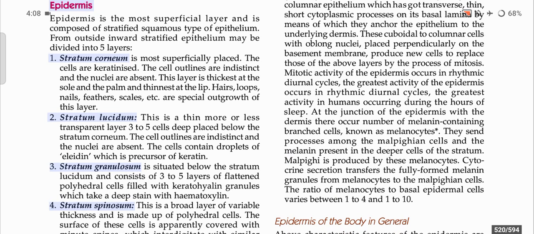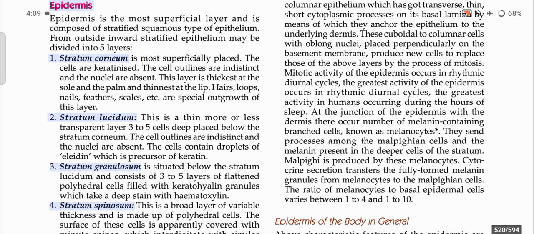The greatest activity in humans occurs during the hours of sleep. At the junction of the epidermis with the dermis, there are a number of melanin-containing branched cells known as melanocytes.